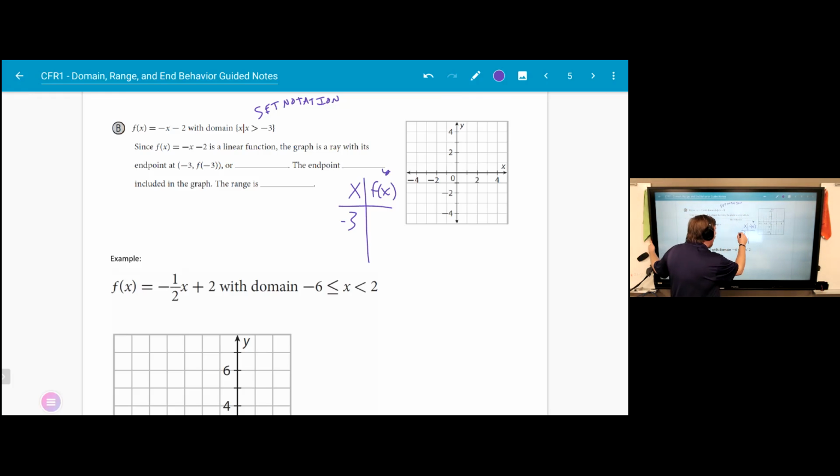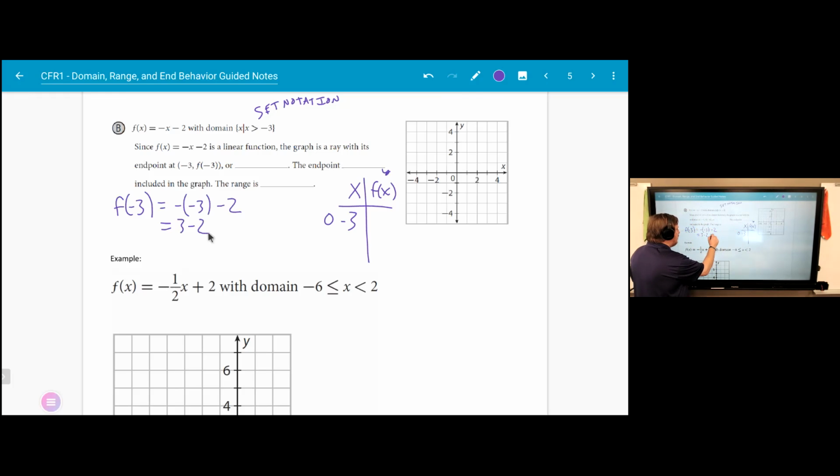This is going to be an open dot, and that's because it's just greater than. So if I plug negative 3 in here, f of negative 3 equals negative 3 minus 2, or 3 minus 2, which I do believe is 1. I'm going to plot this point in here, negative 3, 1, with an open circle.